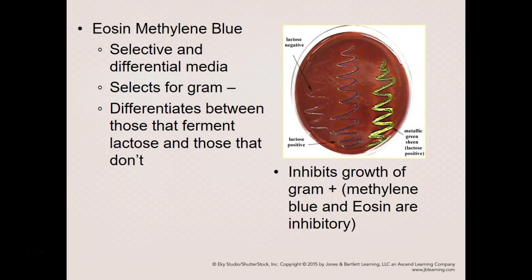So extreme lactose fermenters are going to typically produce this green metallic sheen. If you change the medium color, so right here you have growth, then you are positive for lactose fermentation. And if you grow but you didn't change color, then you are lactose negative. And all three are going to be gram-negative bacteria.